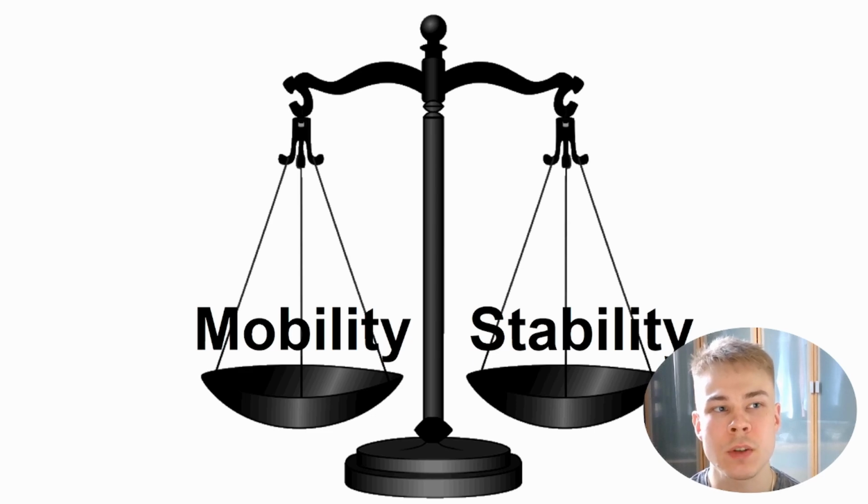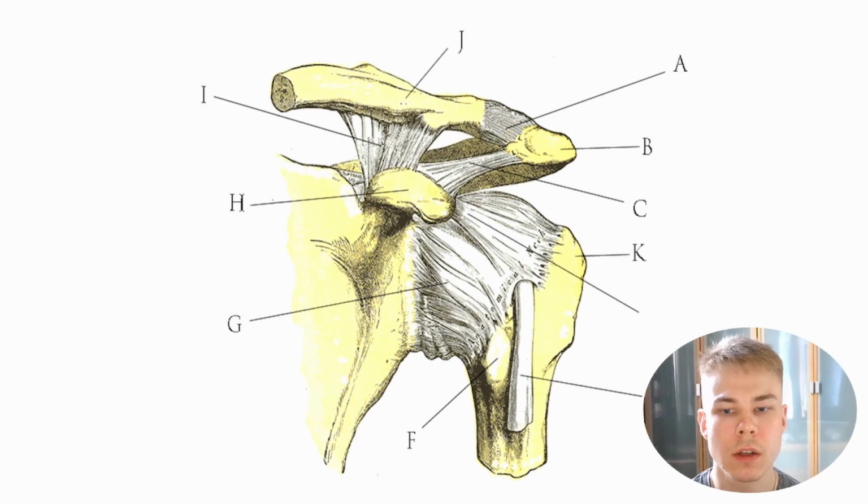This then raises the question of, since the shoulder is the most mobile joint in the body, how can it still remain stable? Because it needs to remain stable, because otherwise people's shoulders would just pop off left, right, and center, and we can't have that. So this video explains how the shoulder maintains its stability.